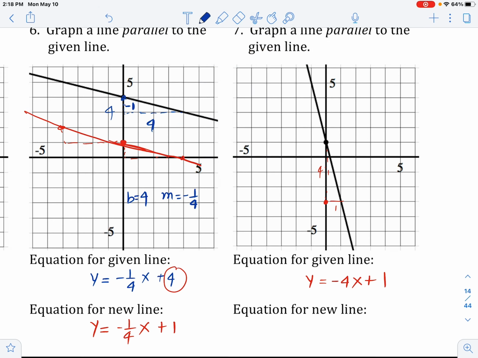If I'm taking this as the y-intercept, left by 1 and up by 4. So that's one sample answer. Your answer could be different, and the equation would be, in this case, y equal to negative 4x. This part is the same, and plus my negative 4x minus 3, sorry. So that's going to be minus 3.